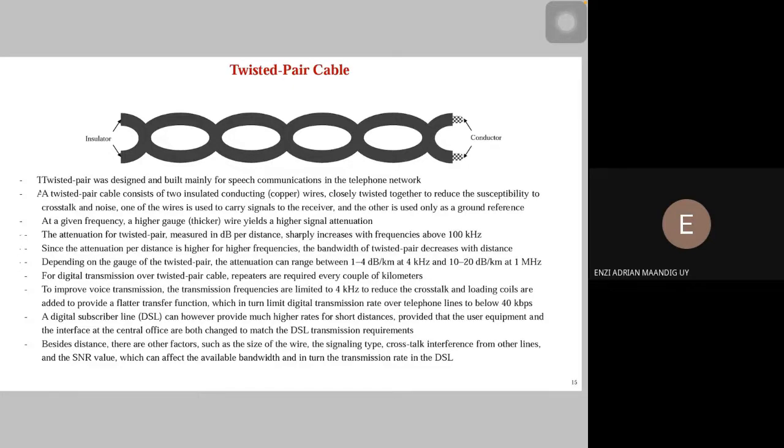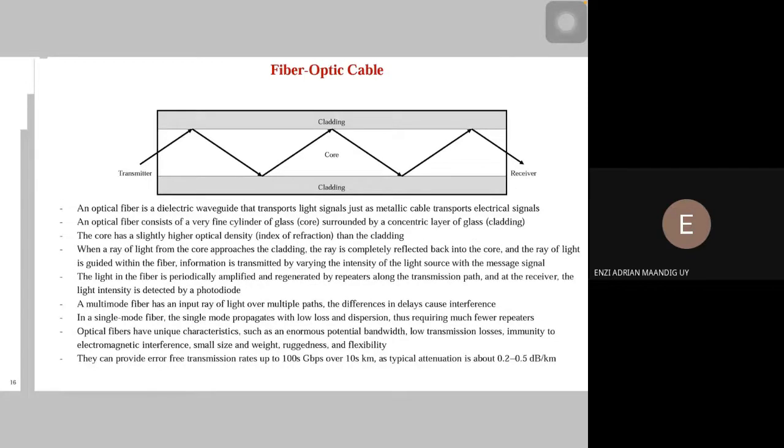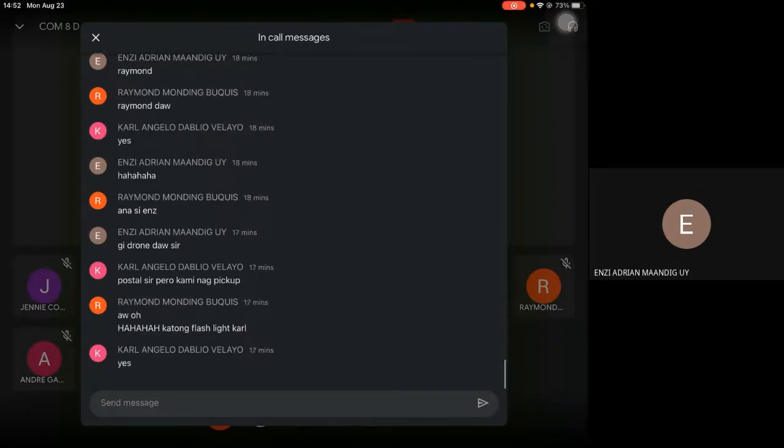Then the fiber optic cable, the cable connecting your router to the wall. And from the wall to the pole, it is still wire, metallic. Right? You have probably seen the fiber optic cable at your routers, if you have fiber there.